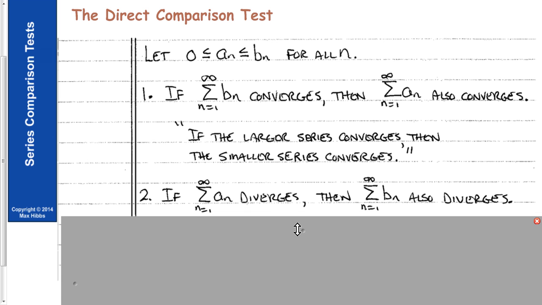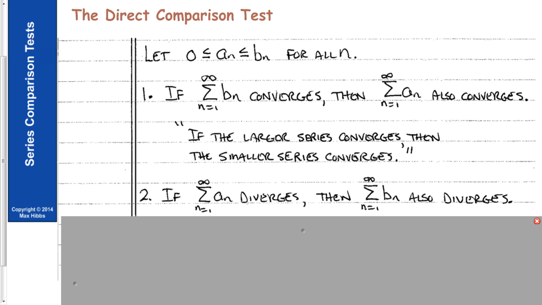Now, this says if the sum of the a sub n's diverges, then the sum of the b sub n's also has to diverge. After all, these a sub n's are smaller than all of these b sub n's. So if we add up an infinite number of these a sub n's and it adds to infinity, then if we add up a bunch of bigger numbers, that also has to add up to infinity.